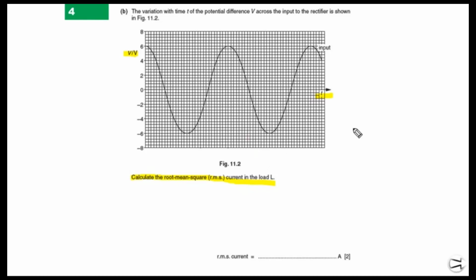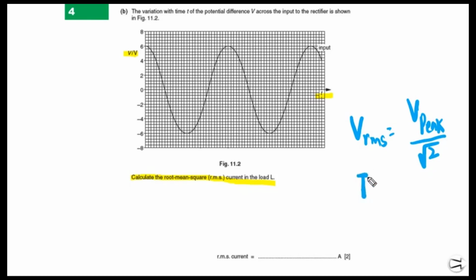First of all, we need to find the RMS value of potential difference. Simply, we need to find V_RMS, and V_RMS we can find from V peak, the peak value of voltage. We just need to divide it by root 2, so we get V_RMS.